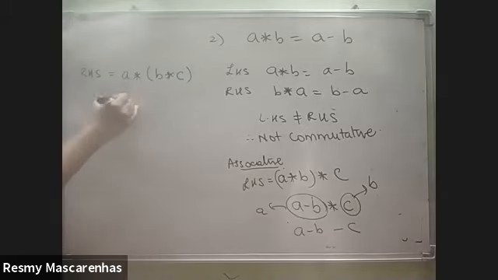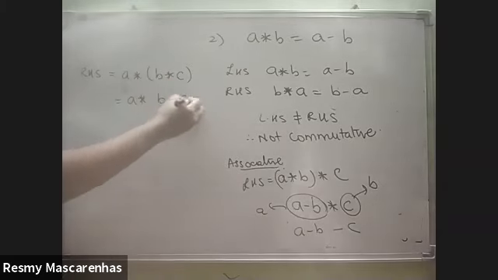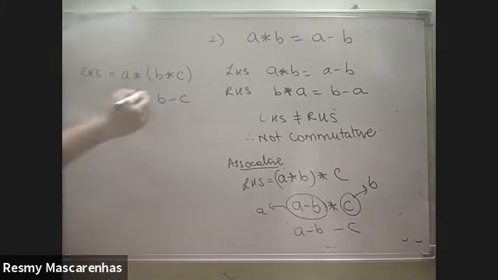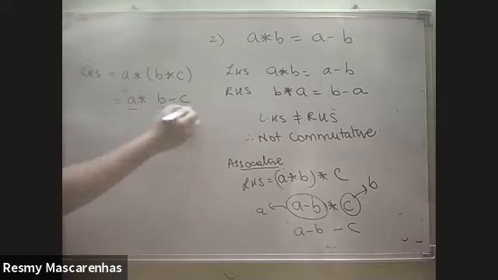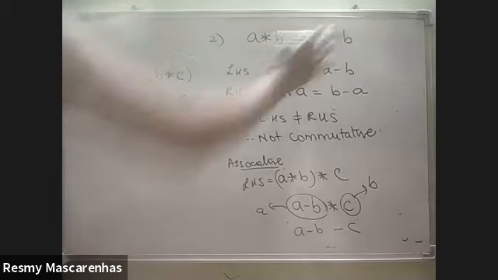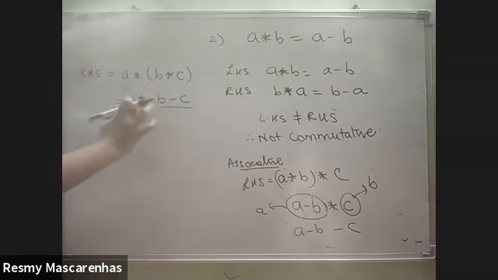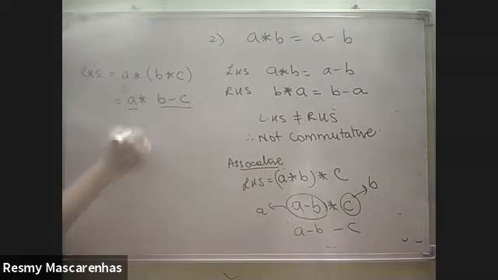So as per that, B star C will be B minus C. So this is your first term and this is your second term. First star second will be first minus your second term. This whole thing will get minused.